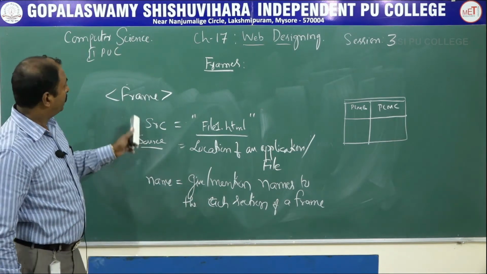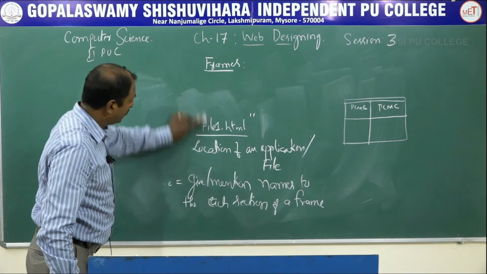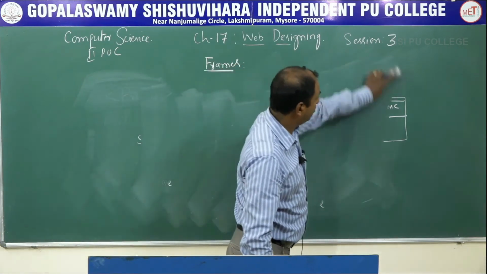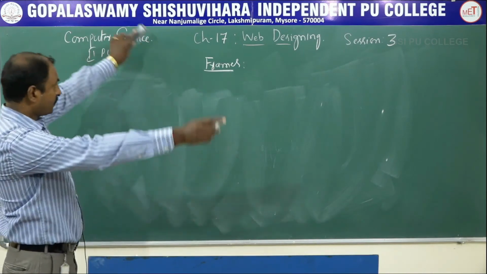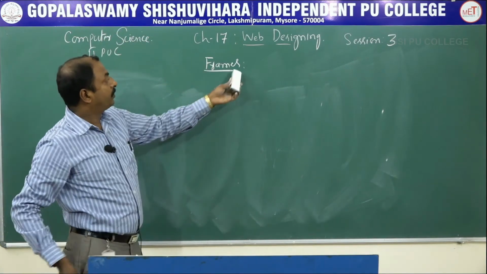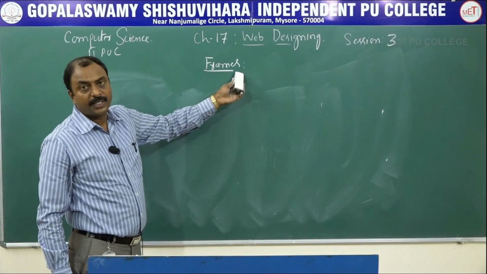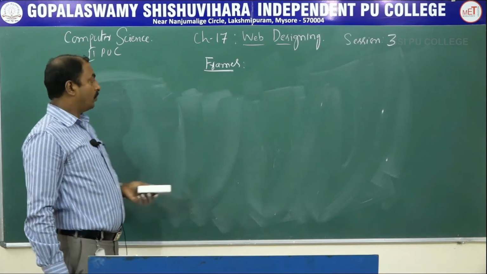Now with the help of this, let us write a simple program, or let us learn a few syntaxes of this frame tag. And one thing you have to keep in mind, this frame tag replaces the body tag of your HTML file. Now look at this.